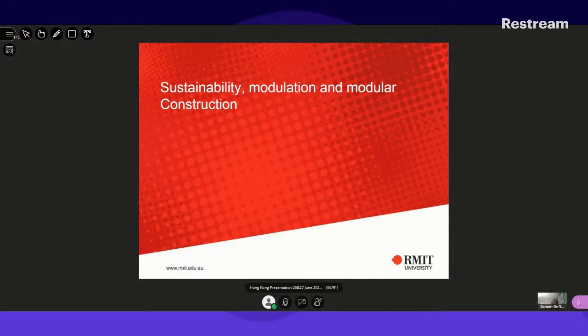So basically, modulation and modular construction is becoming very good, and it's part of sustainability. And then what we are trying to do is to see, hey, hang on a second, your interior walls. Most of the students in this project consider that all those concrete walls shown on the plan have surfaces that are smooth.